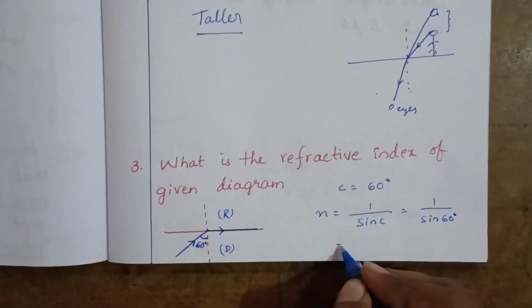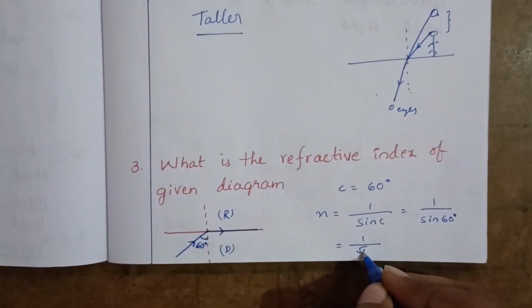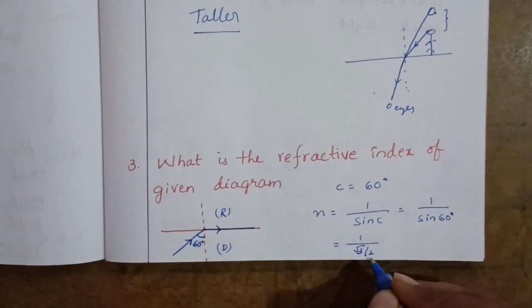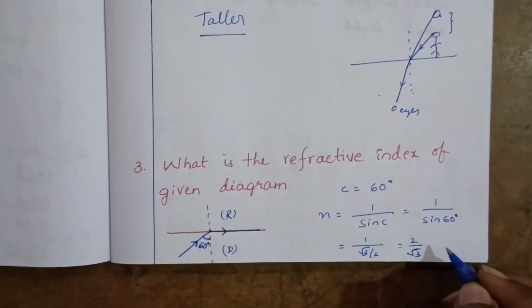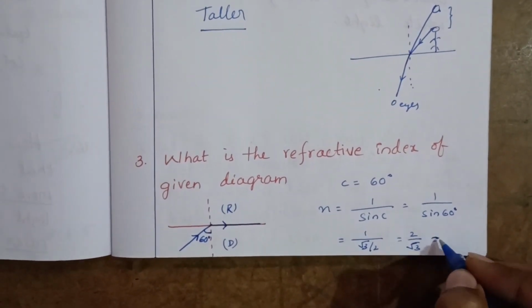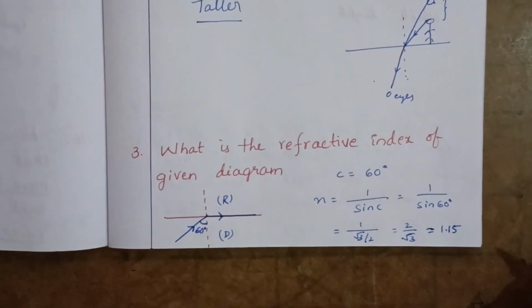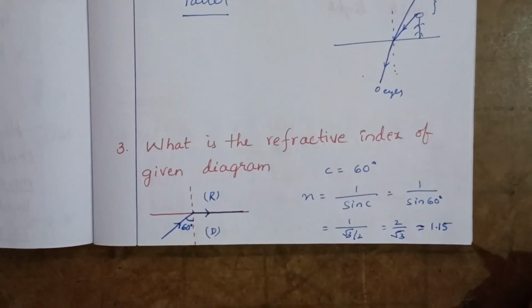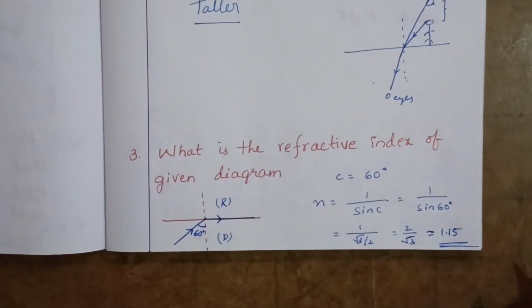What is the sine 60 value? Root 3 by 2. So 1 by root 3 by 2 becomes 2 by root 3. Answer is 2 by root 3, which is nearly equal to 1.15. Refractive index has no units.